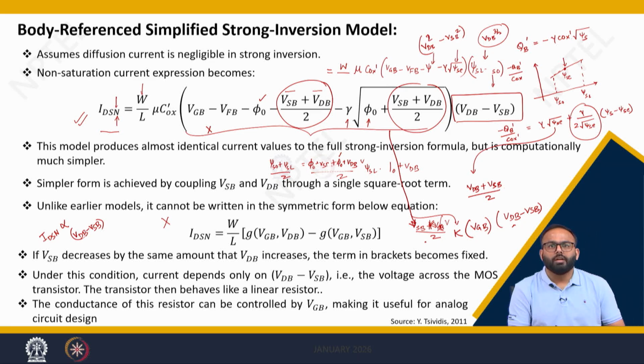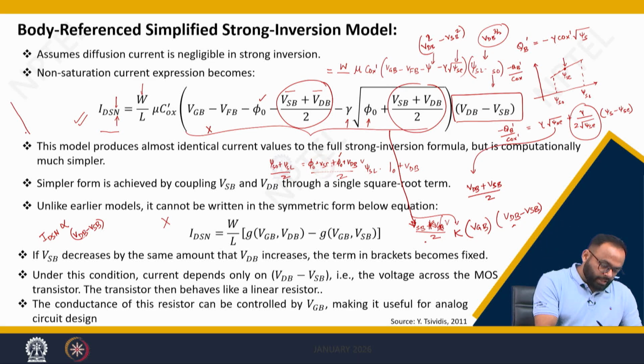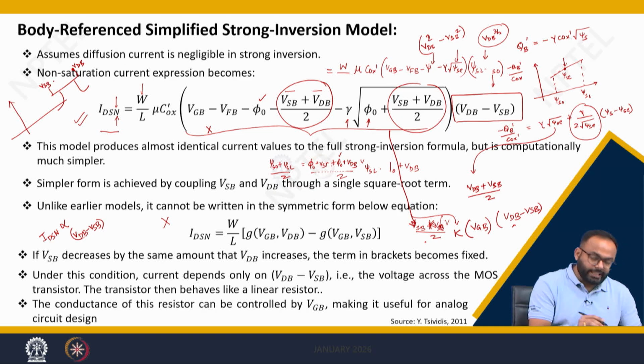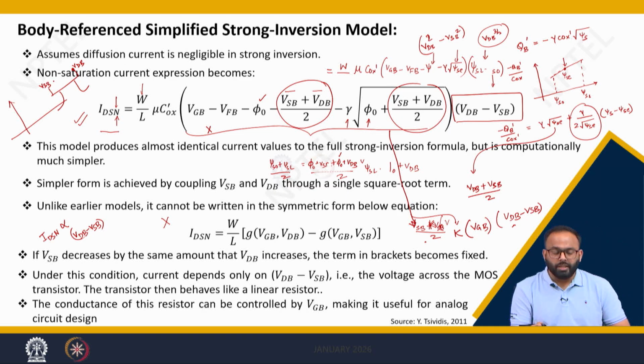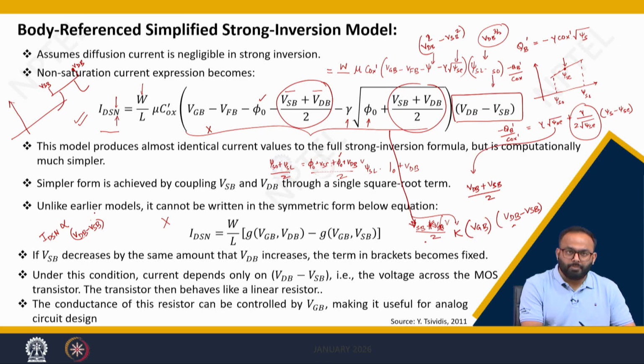This is nothing but Ohm's law, meaning the current flowing between drain and source, defined by the difference between drain to body voltage and source to body voltage, is linearly rising when VDB is greater than VSB, but not by a very high value. So you are in non-saturation.